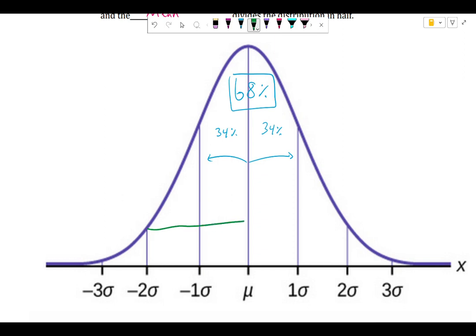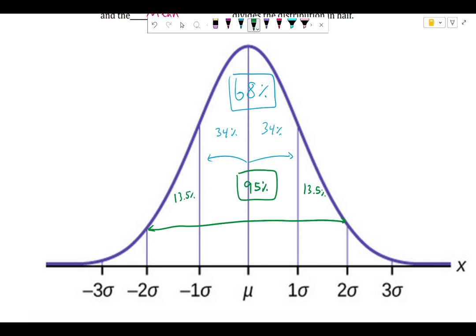Again, 95% of the data values are within two standard deviations of the mean. Well, 34 and 34 make 68, so on each side we need another 27%. So that would be 13.5% in each little region.